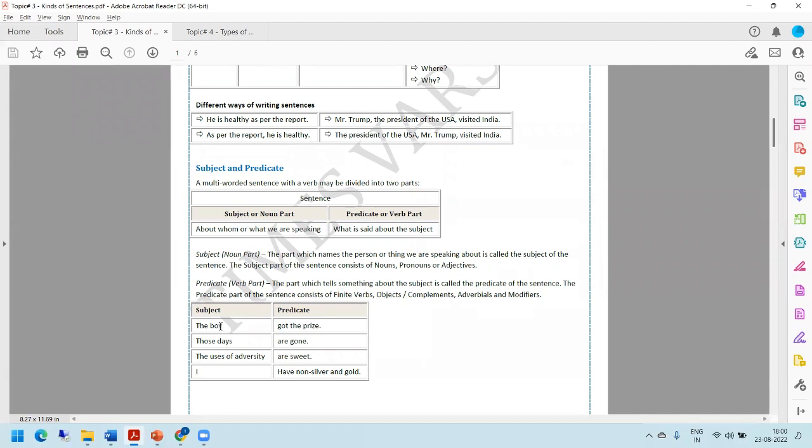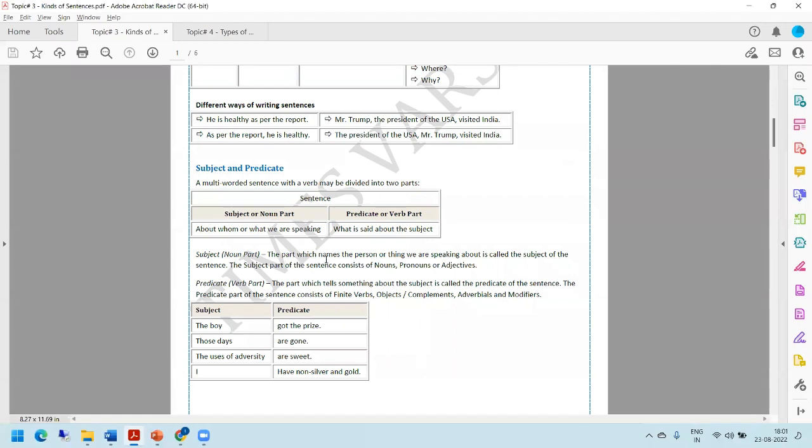You can see the boy, those days. The boy and days are the nouns, right? And if we are talking about a particular boy, that's why we are using the as the article here. Similarly, those days, the uses of adversity. The I is a pronoun and the rest of them is the predicate. So subject means the noun part.